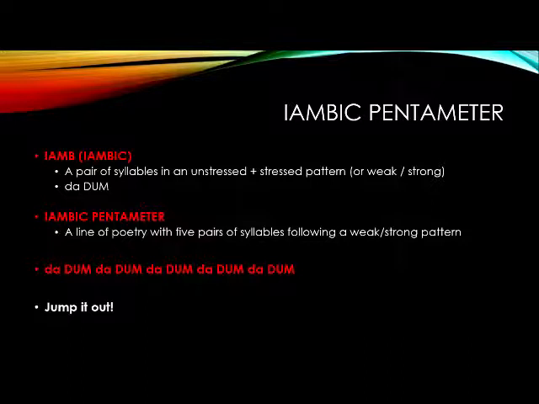You could also get on your feet and jump this out. Crouching, getting ready to jump into the air, is your soft syllable, and jumping is your loud syllable, so you should try it. Get ready, and jump, and jump, and jump, and jump, and jump.